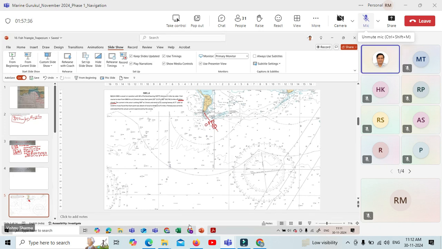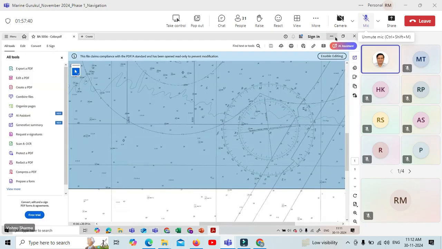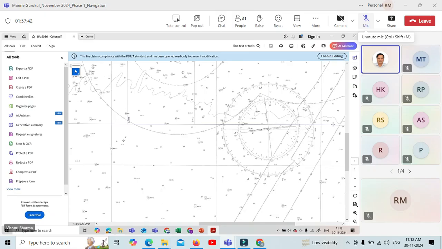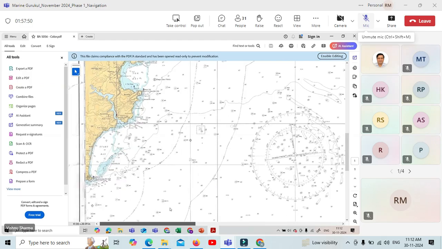Start point. Okay, let me just see. Is it an obscured sector or what is it?